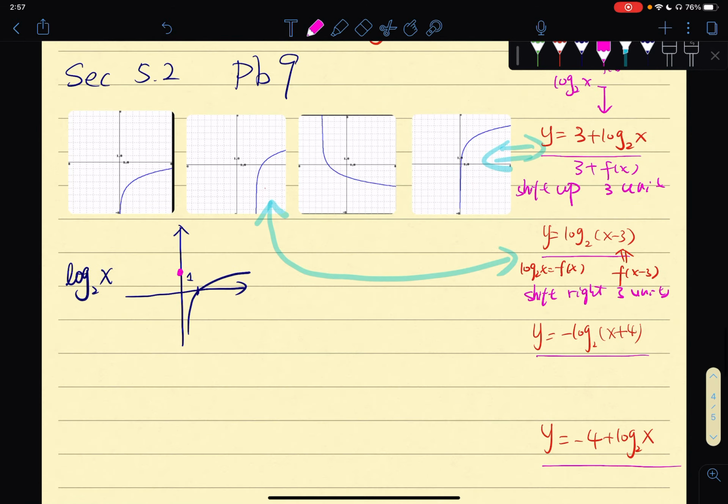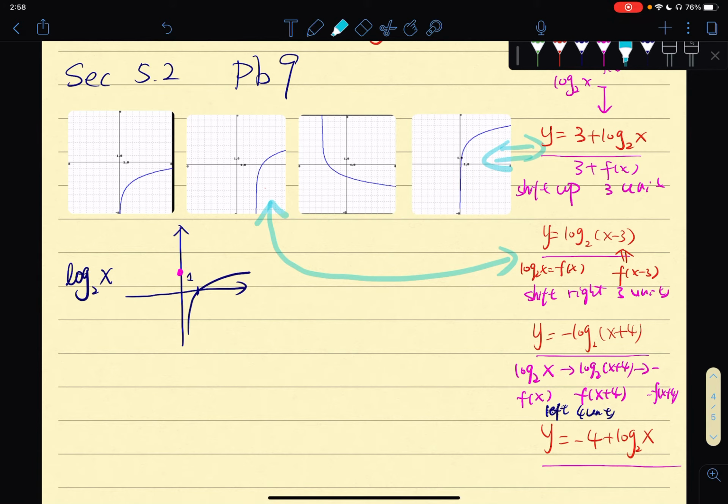The next thing we have is your function log 2 x, and then you modify it. Always handle what's inside the parentheses first. So you modify it into f of x plus 4, and then you add a negative sign in the front. So it's a two-step modification. The first step is a shift towards the left by 4 units.